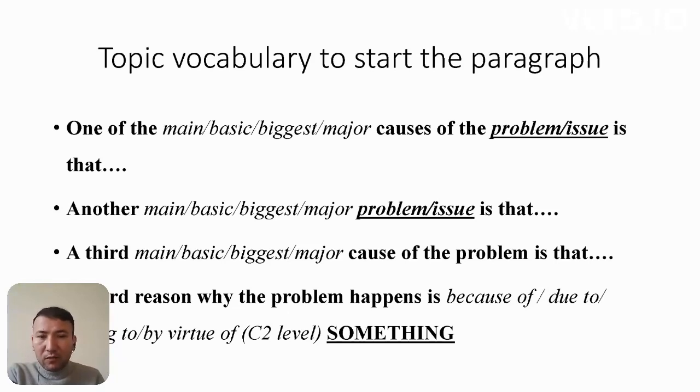The third paragraph can be started by a third main cause of the problem is that, or you can say third reason why the problem happens is because of, due to, owing to, by virtue of. If you pay attention here, by virtue of is C2 level, because of and due to B1 level, owing to B2 level.